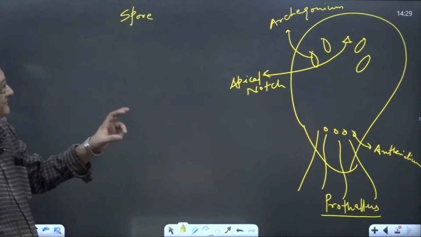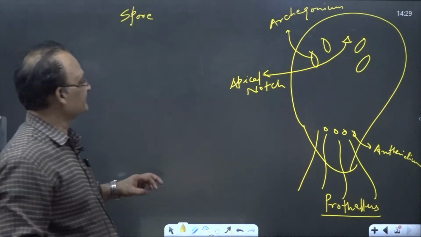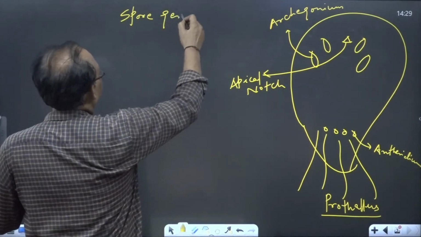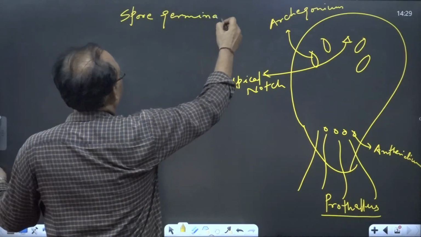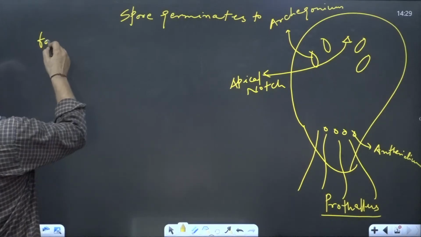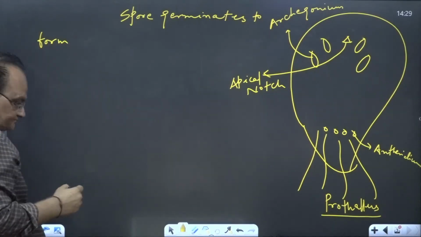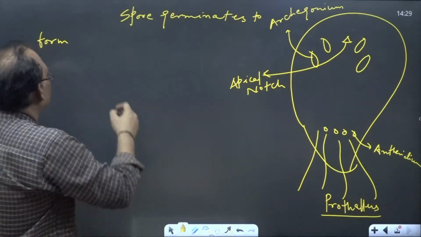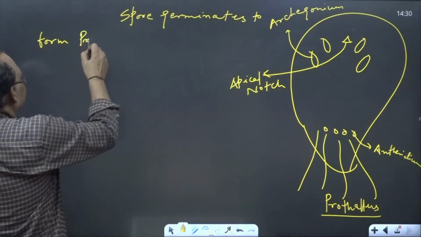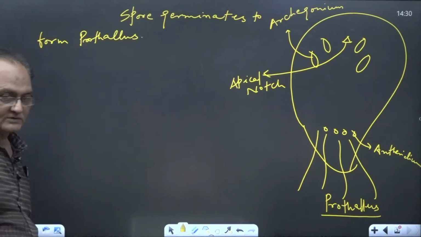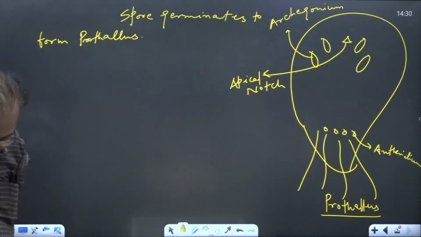So a spore germinates to form prothallus, right? Prothallus is a monoecious structure.